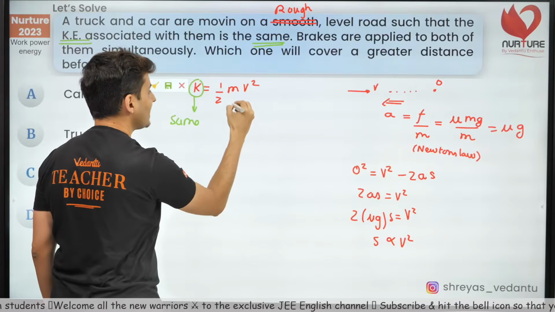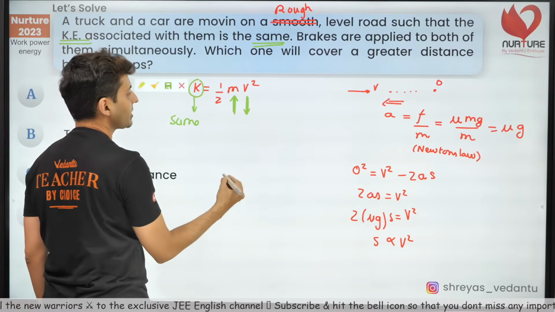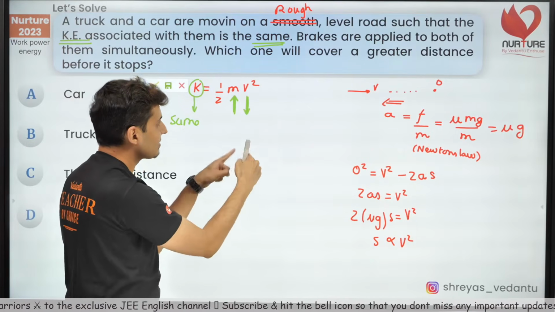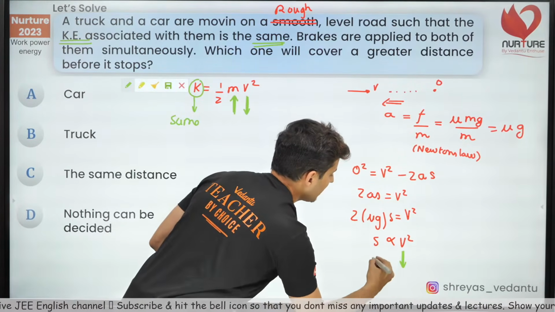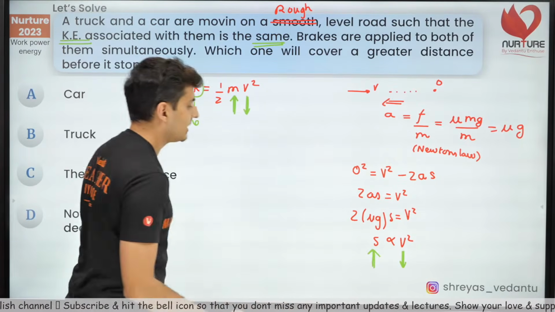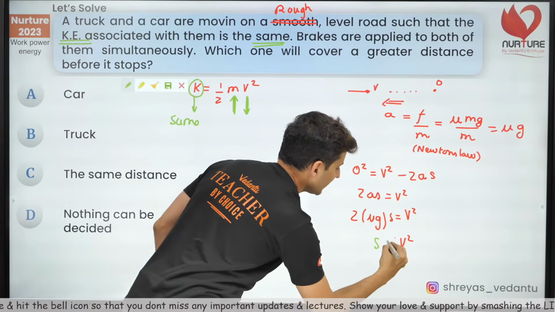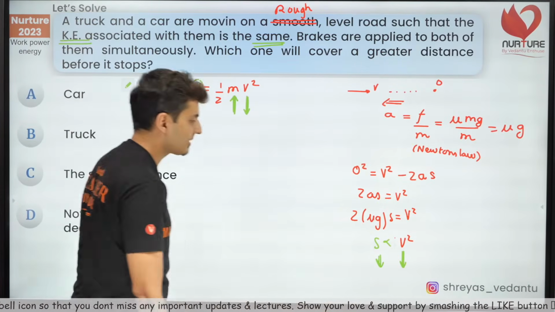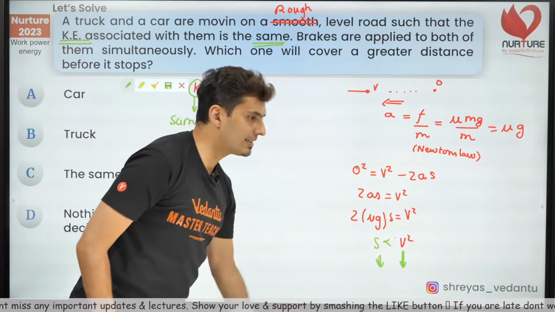So the one which has more mass will have less v square, because the product has to be the same. The one which has less v square will have less displacement. Oh sorry, my bad. So the one which has less v square will also have less displacement.